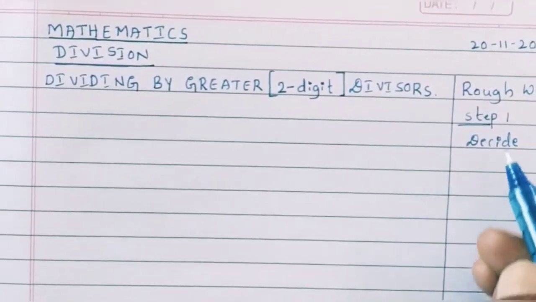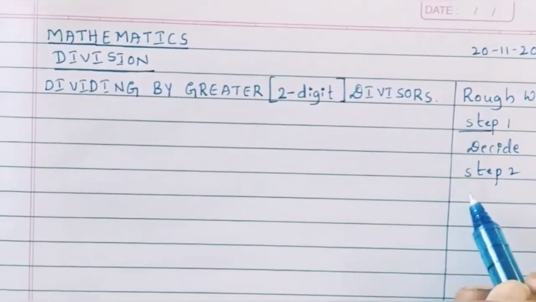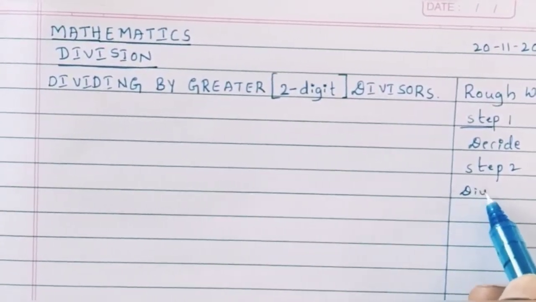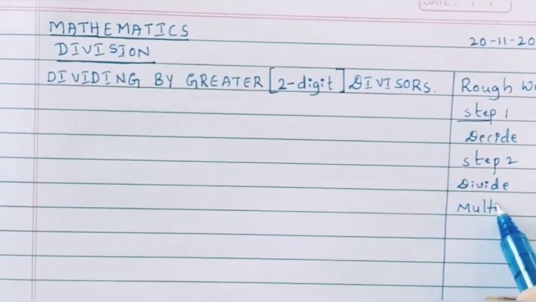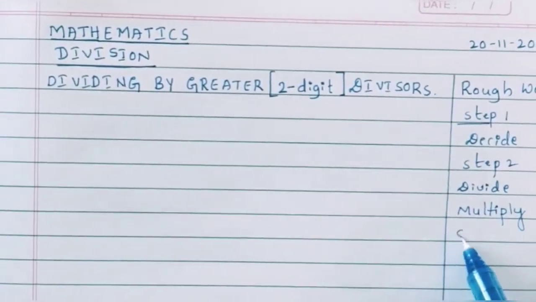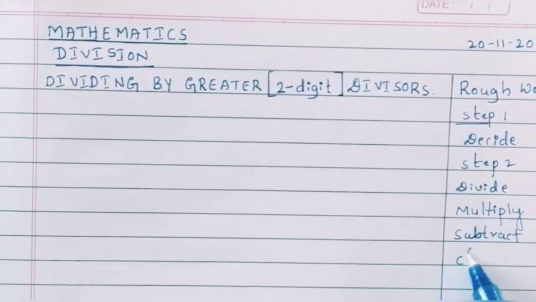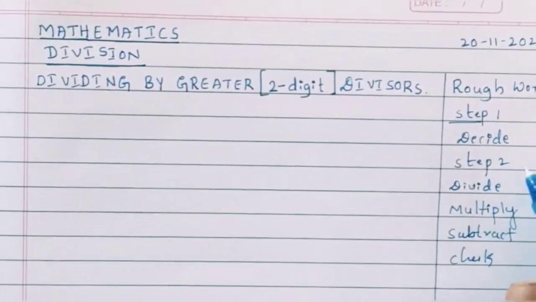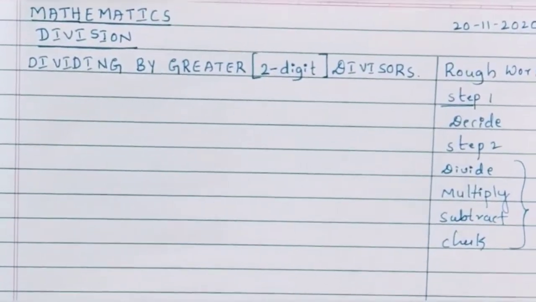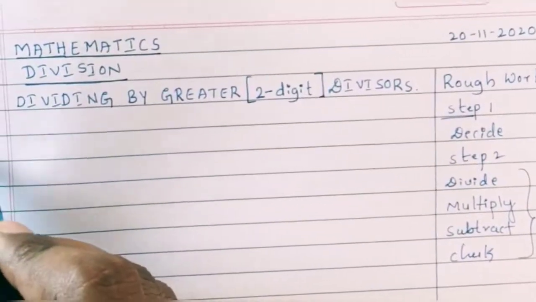Next, in step 2, first divide, then multiply, then subtract, then check. And in step 3, you have to repeat these steps again. Okay? So now, let's have an example.